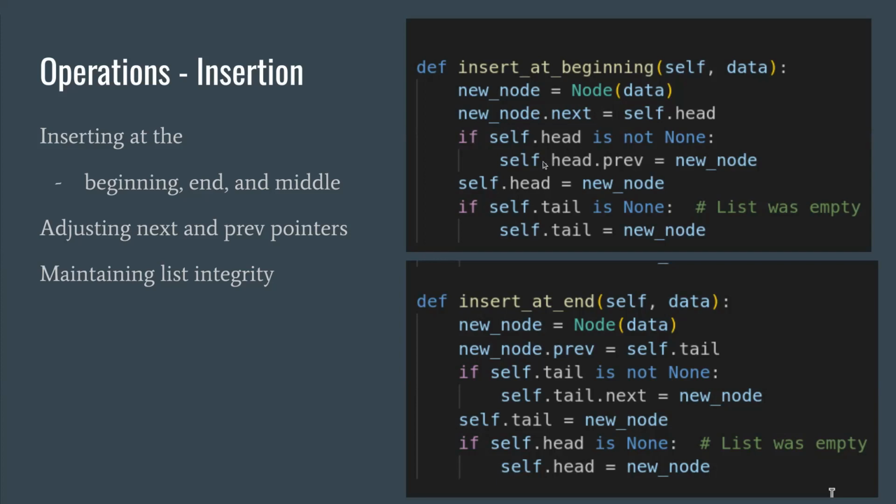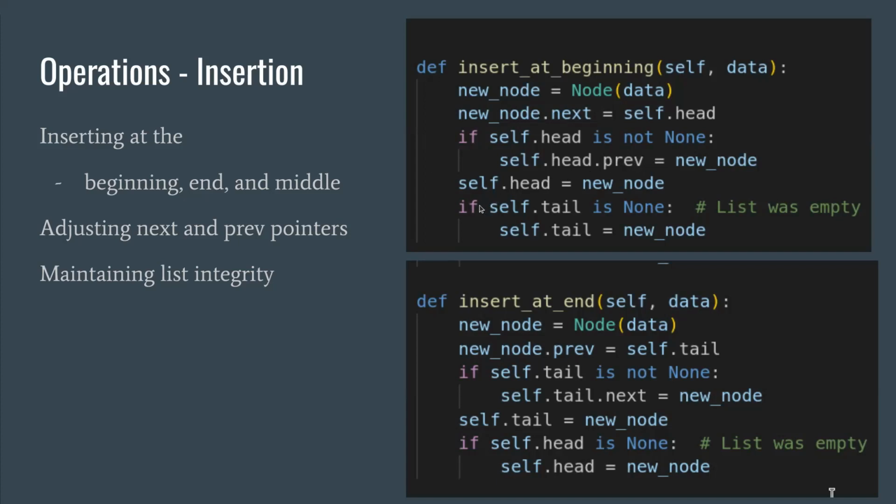Then we want to set the existing node, self.head.prev, to equal this new node, then set self.head to the new node. This way, we are maintaining a connection between the existing head and the new node, which will become the head.